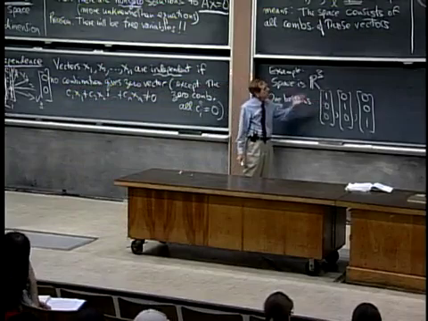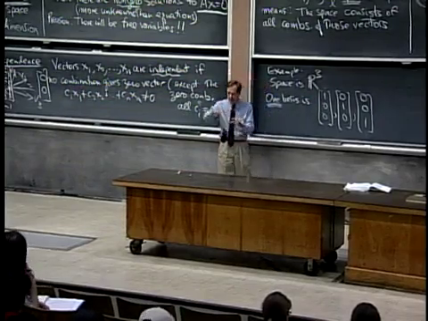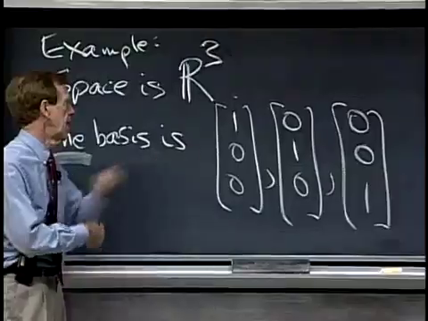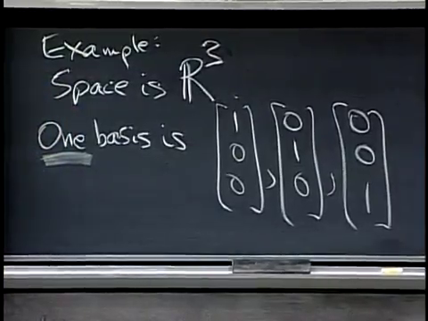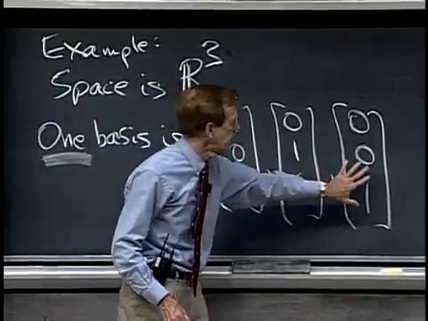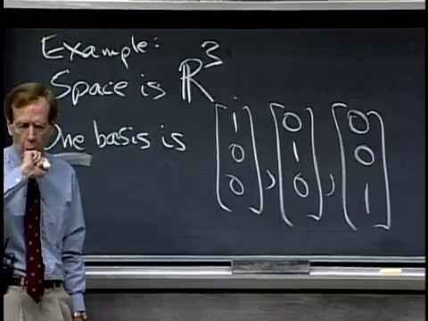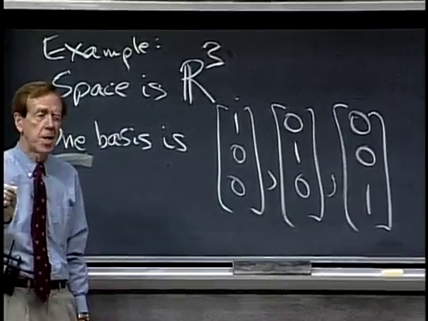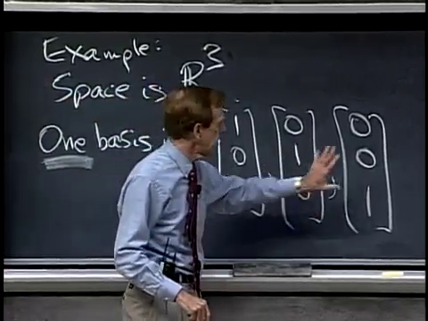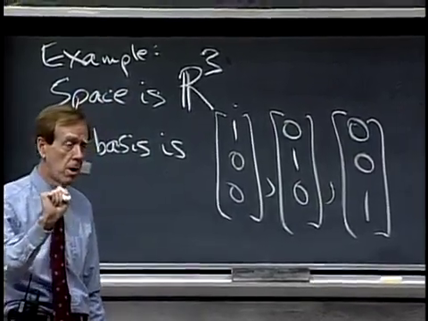Are those vectors independent? That's like the x, y, and z axes. If those are not independent, we're in trouble. Certainly they are. Take a combination, C1 of this vector plus C2 of this vector plus C3 of that vector, and try to make it give the 0 vector. If that gives me 0, 0, 0, then the C's are all 0.